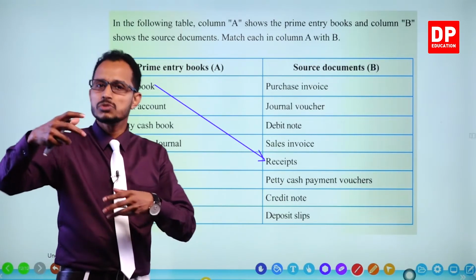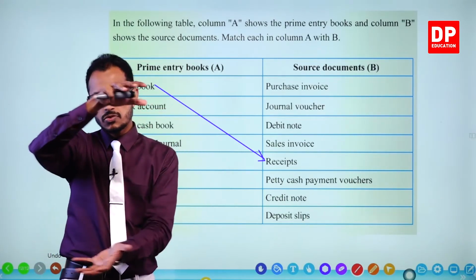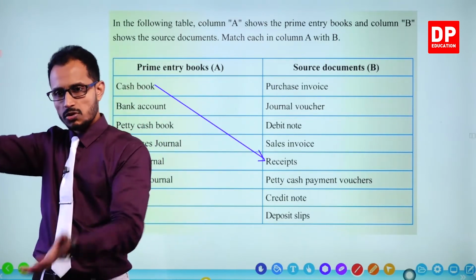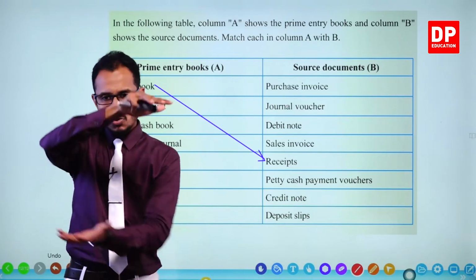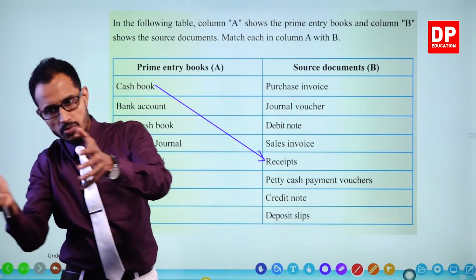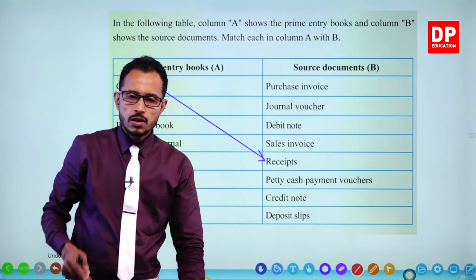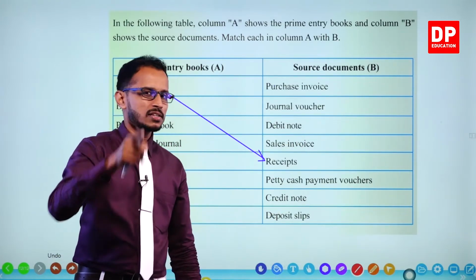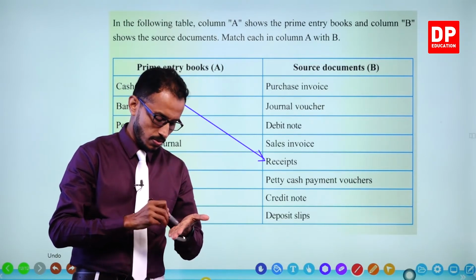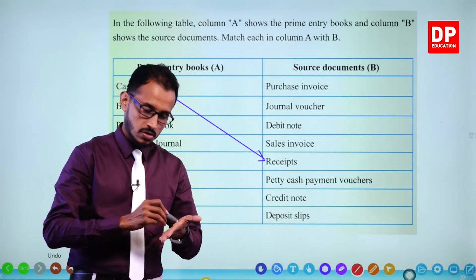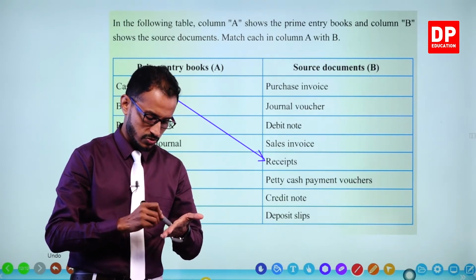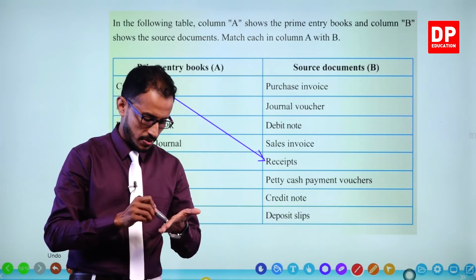When you purchase goods from your suppliers, like CBL or Unilever, when you bring in more stocks on credit, you should issue a purchase invoice mentioning all the goods that you purchased from this company.